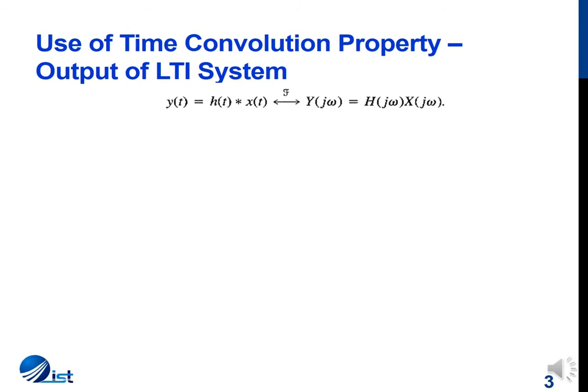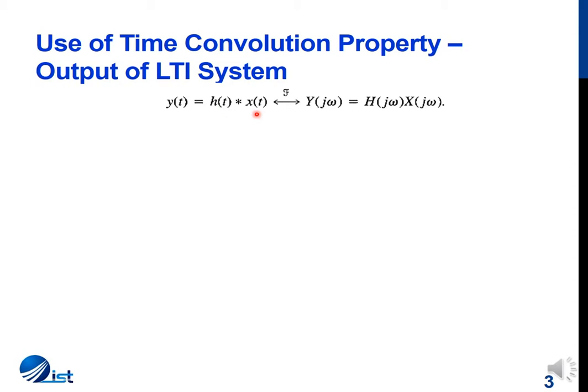So the time convolution property can be used to determine the output of an LTI system. We know that for an LTI system, the response or the output y of t is given as a convolution of h of t, which is the impulse response of the system, and x of t, which is the input.